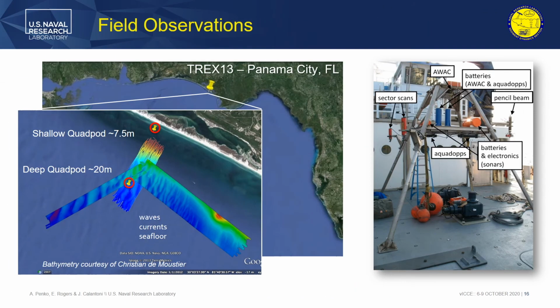So next we're going to compare to some field observations that were taken off the coast of Panama City, Florida in 2013 as part of the ONR and CERTIP-funded target and reverberation experiment. And we're going to look at 2 deployed quad pods, one at 7.5 meters and one at 20 meters. I'm only going to show the 7.5 meter here, but we measured waves, currents, and the seafloor with sector scanning sonar.